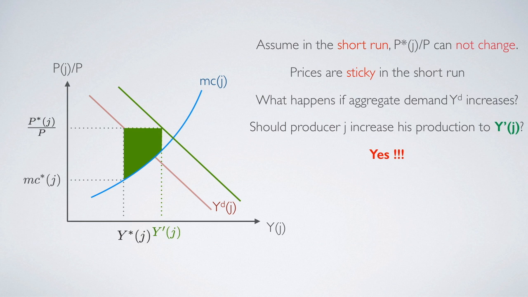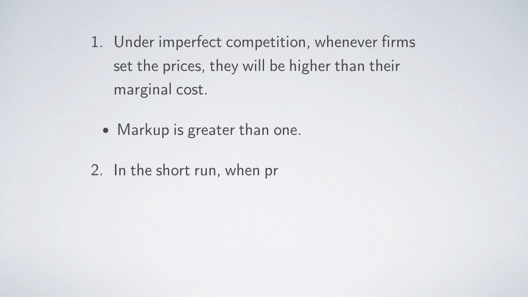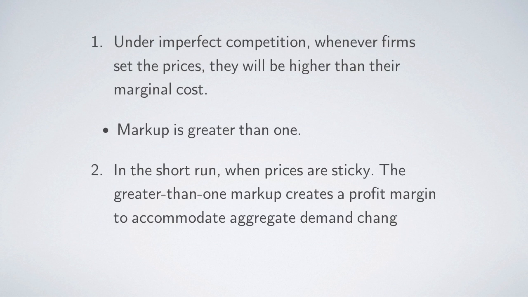So here we learn the second fact under this topic: in the short run, when prices are sticky, the greater-than-1 markup creates a profit margin to accommodate aggregate demand change. In other words, in the short run, when prices are sticky, demand actually creates supply.